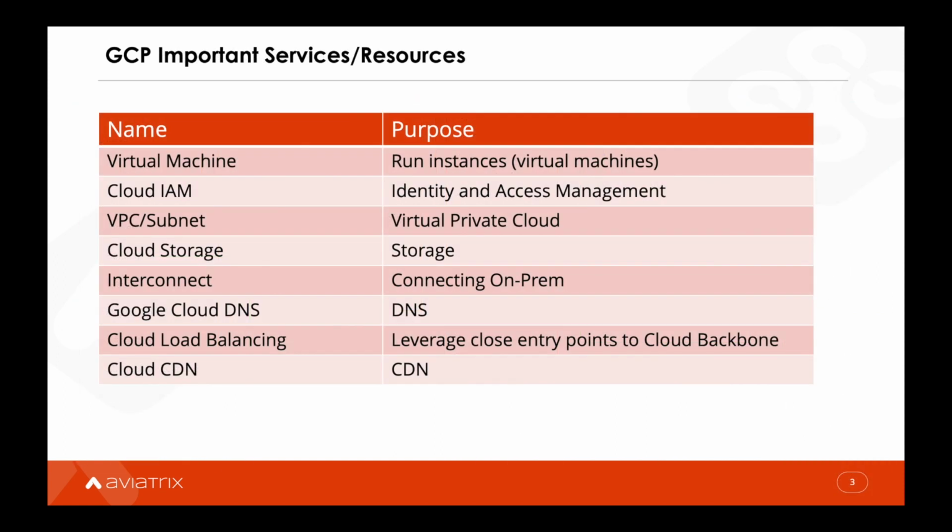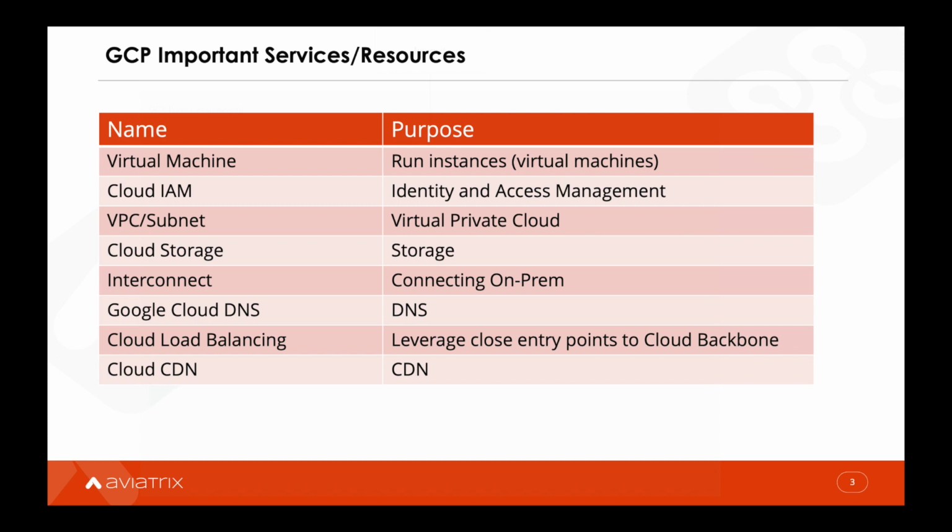So what are the important services and resources within GCP that you will be dealing with a lot? The first one I mentioned before is virtual machine. This is where your workloads are running, your applications are running. You can deploy virtual machines, Linux or Windows or other options that you have in GCP.